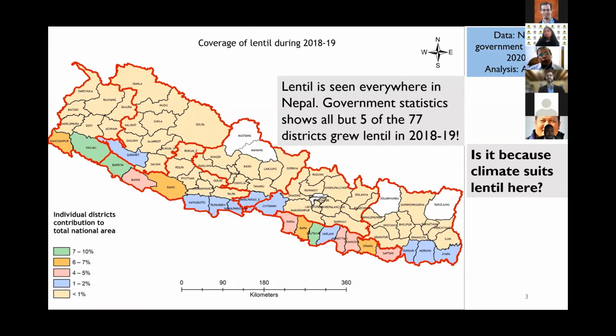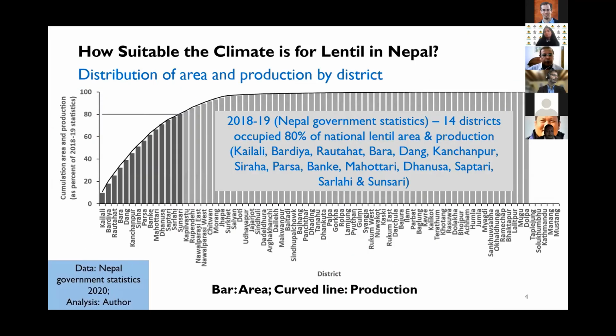According to 2018-19 government statistics, all but 5 of the 77 administrative districts grew lentil. It's amazing. And one can draw a research hypothesis from here that historically and broadly, climate suits growing lentil in Nepal.